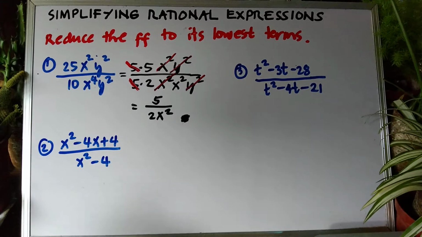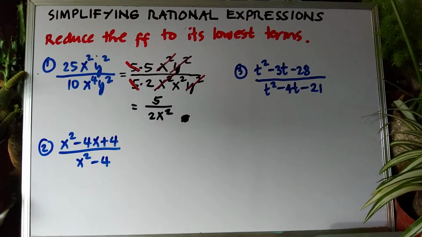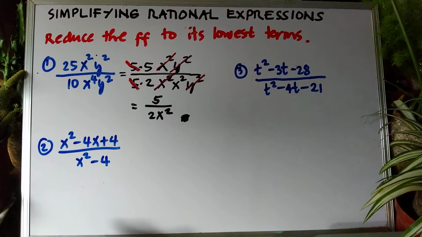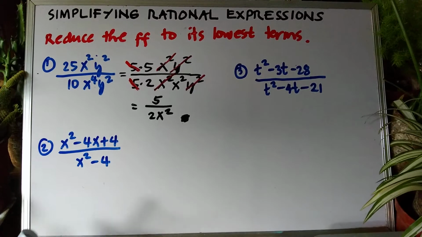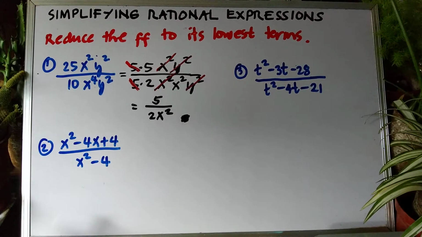Kasi ang hirap na isulat pa natin yung mga x natin. So dapat isang x na lang, para hindi complicated. Now, move on na tayo. Tapos na tayo kay x. Let's move on to number 2.